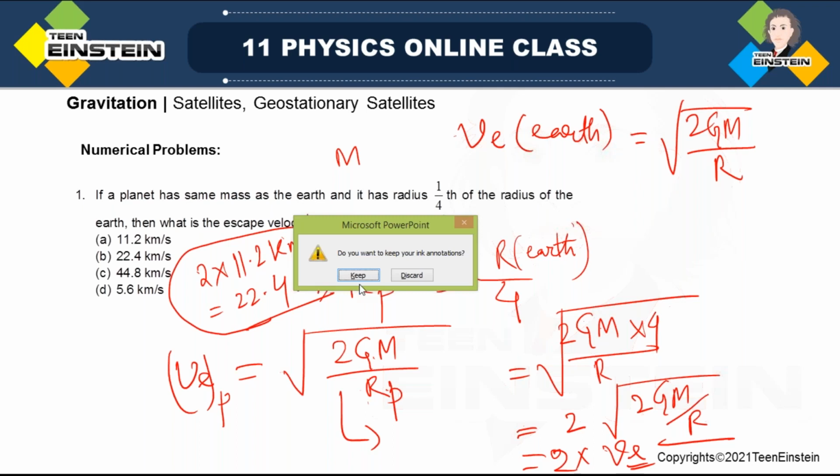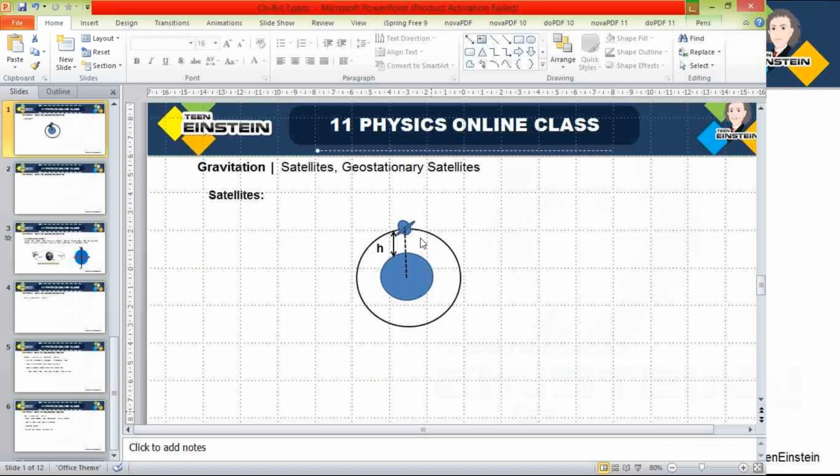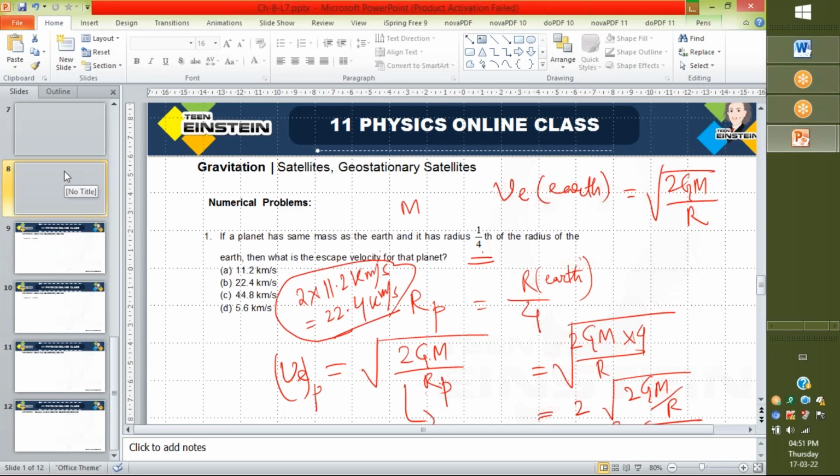One is the law of orbit, the law of time period, and the law of area or areal velocity. Okay, so those things are there. We'll derive those laws from the knowledge of the universal law of gravitation.